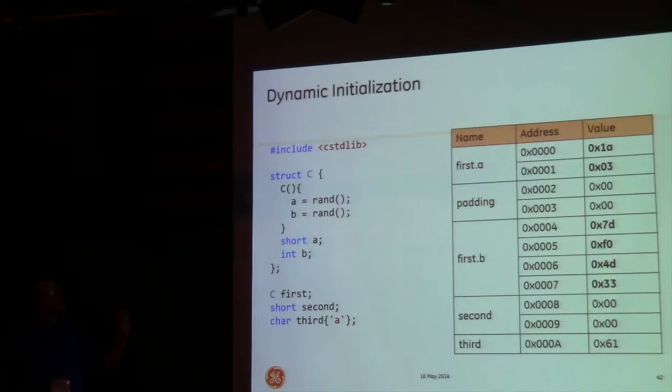The reason I used rand instead of just putting some value in there is the compiler is permitted, if it can prove that there are no side effects, to treat the dynamic constructors as static. It doesn't have to, but if it can prove there are no side effects, it's allowed to, which would have completely screwed up my example, so I had to use rand or something else that it couldn't determine at compile time.